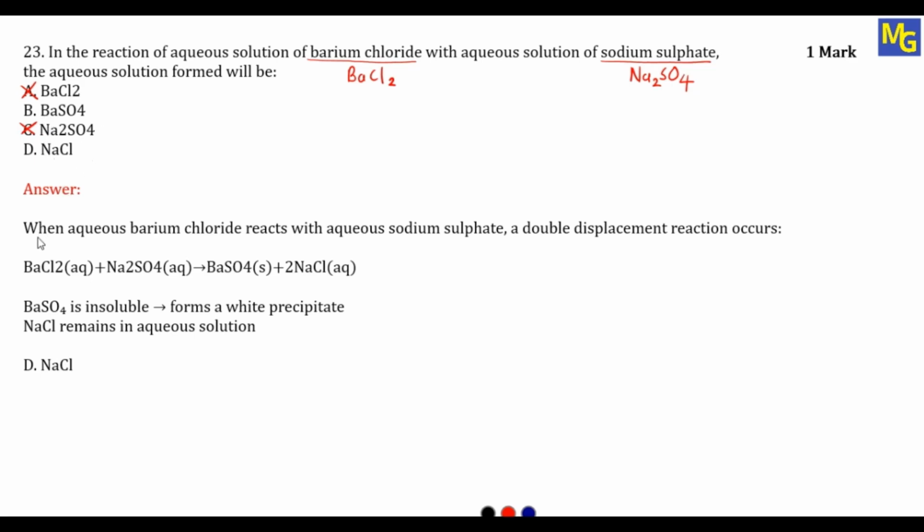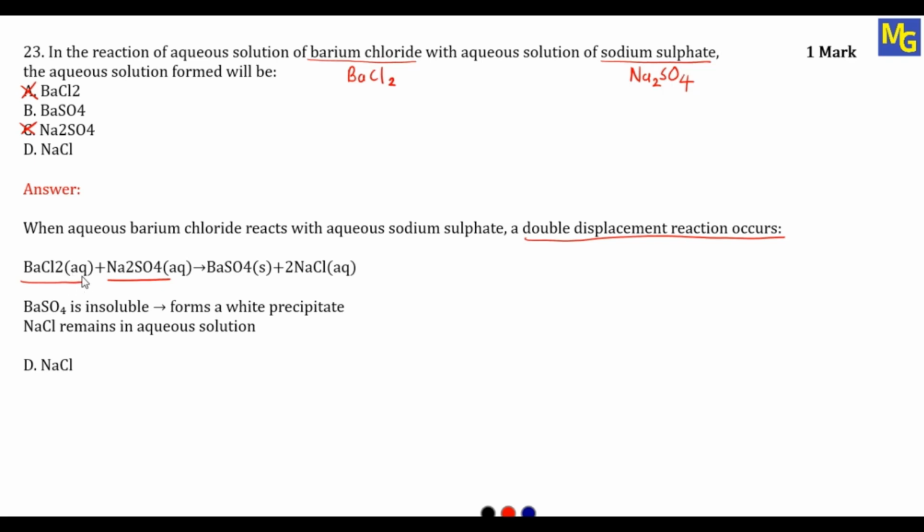So see the answer. When aqueous barium chloride reacts with aqueous sodium sulfate, a double displacement reaction occurs. Double displacement reaction means all the ions will get exchanged. Now see here, BaCl2 reacts with Na2SO4. Here (aq) is explaining the state of the solution. State is aqueous.